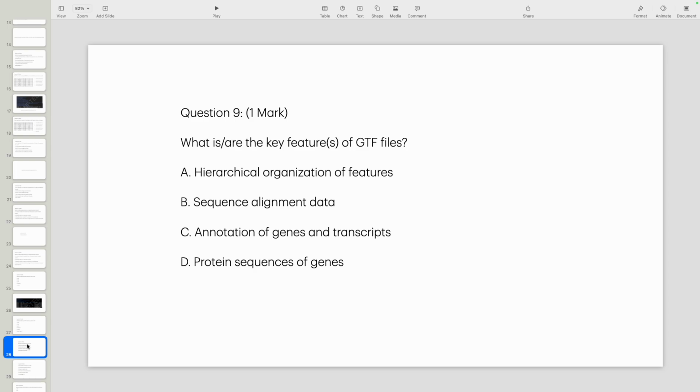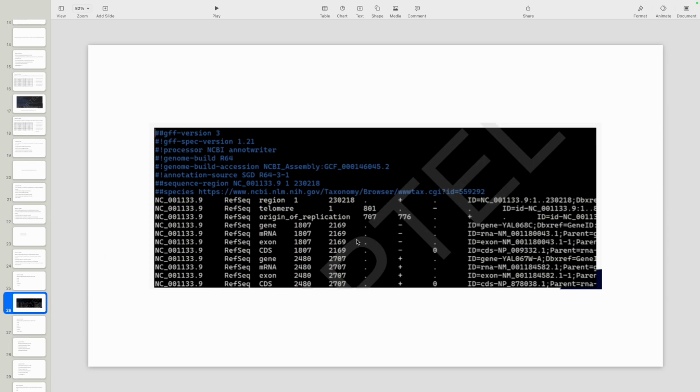All the information present in the GFF file is also present in the GTF file, but it contains some additional conventions specific to the gene information. We won't go into the detail, and it hierarchically organizes all the features. So here you can see it is organized hierarchically.